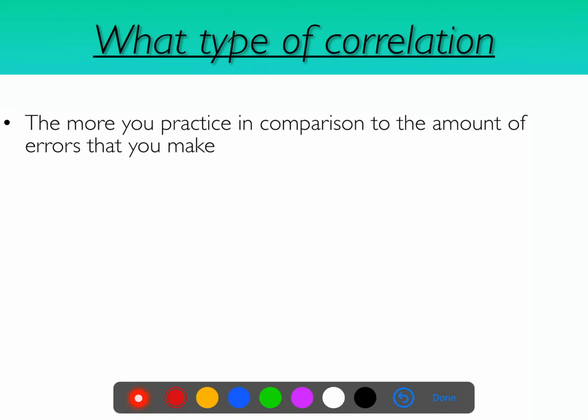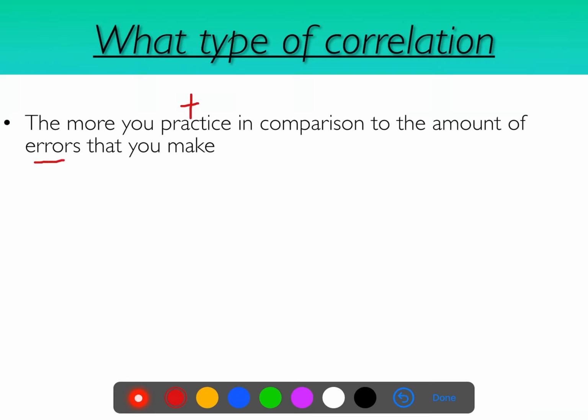We also want to be able to identify the correlation from a written situation. So maybe we don't have the data points and we don't have the graph, but I still want to know what is happening. This situation says the more you practice in comparison to the amount of errors that you make. So practice is increasing. What would you expect to happen to your errors?